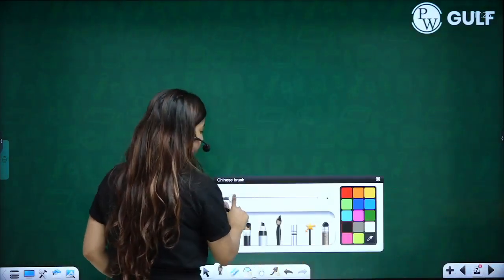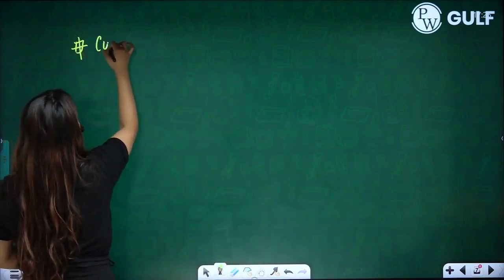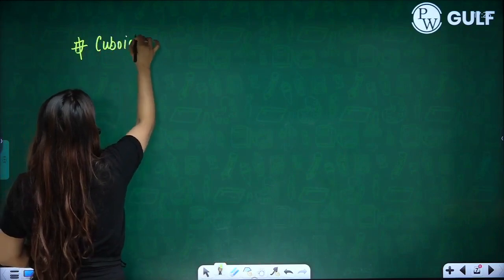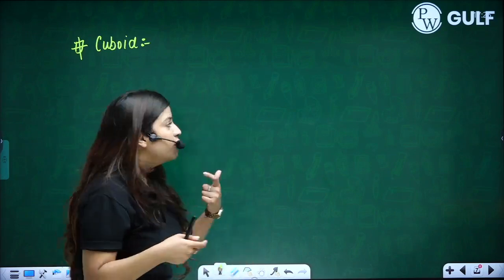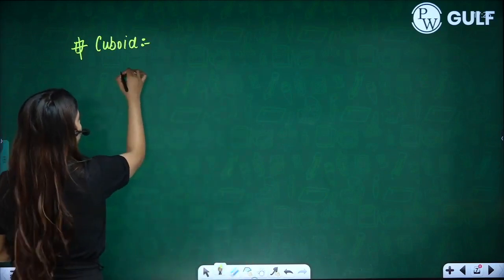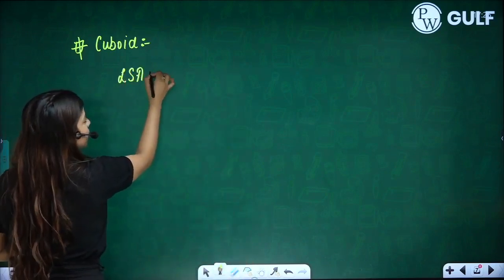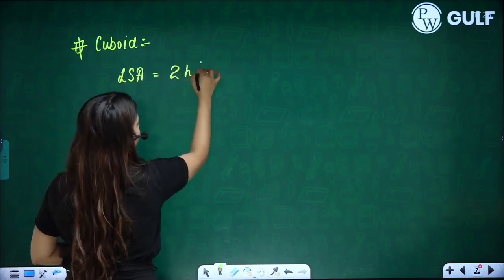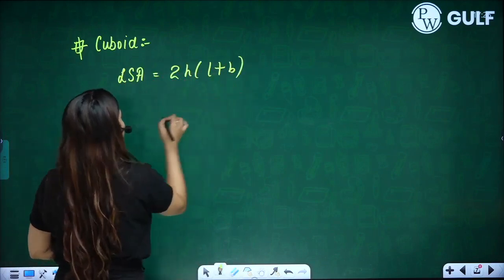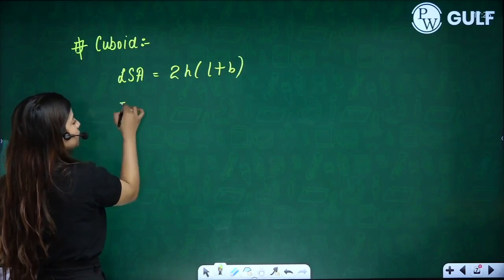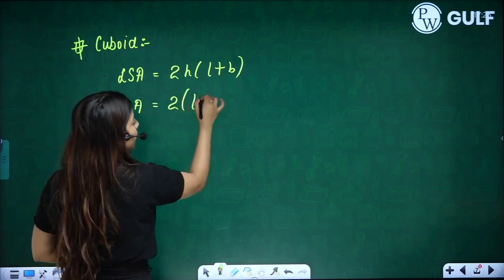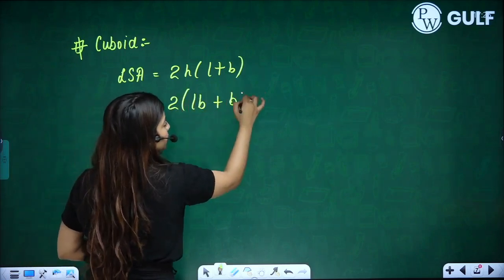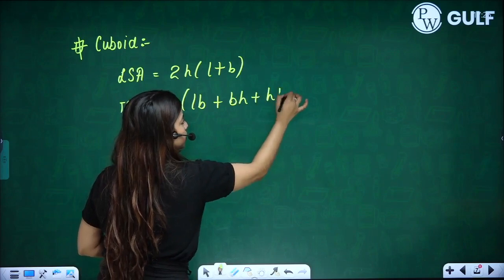All right. So when we have a cuboid, students, first of all, we are talking about cuboid, right? So for cuboid, your lateral surface area will be equivalent to 2 into H into (L plus B). When we talk about the total surface area of a cuboid, this will be equal to 2 bracket length into breadth plus breadth into height plus height into length.